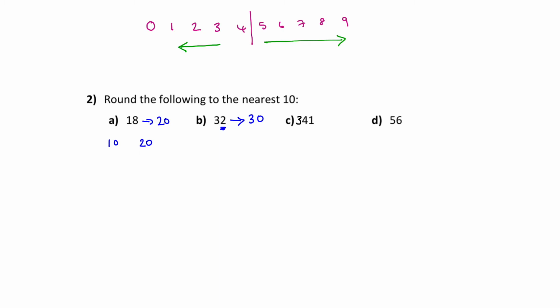And the number 341, if we look at the 10 times table, remember they end in a 0, so it would be in between 340 and 350. So the 1 at the end tells us we round down, so it's the 340 that we're going to write down.